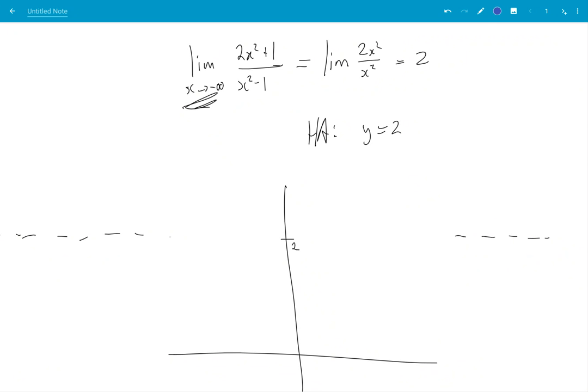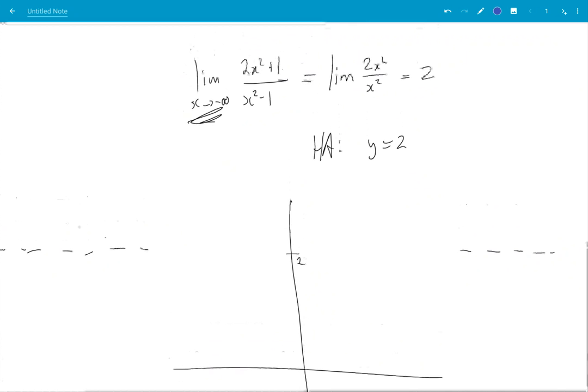So how can I figure that out? Well, it's a bit tricky. I could probably just do test values at this point, just plug in test values to see if I'm bigger or smaller than 2.